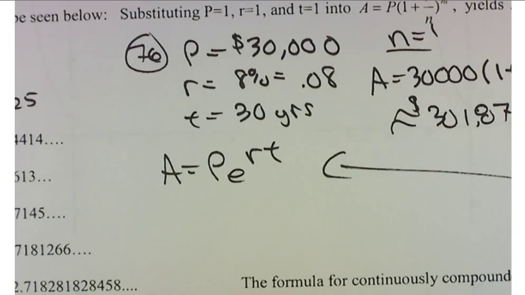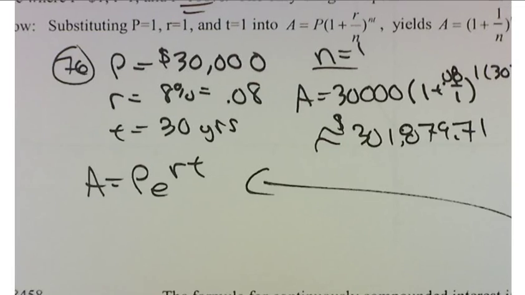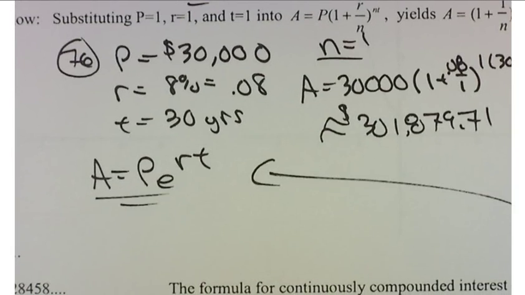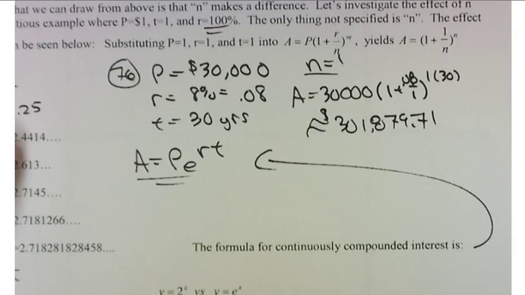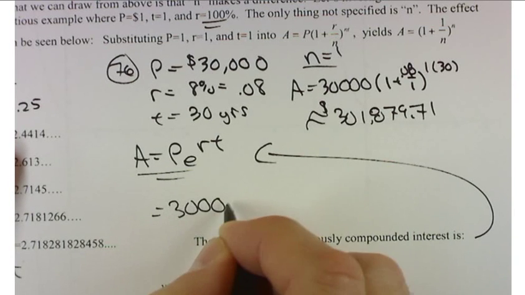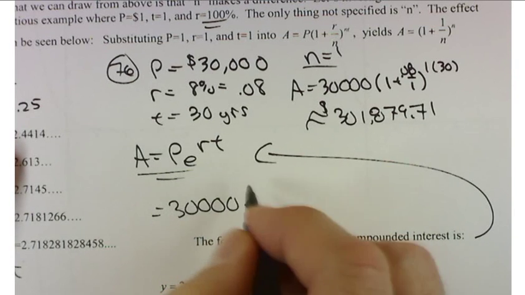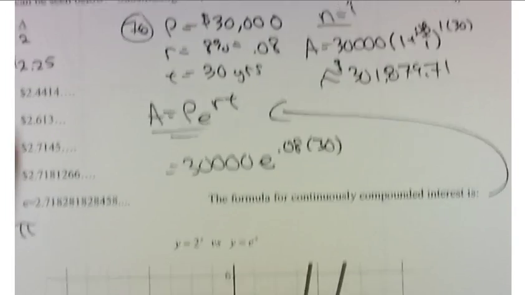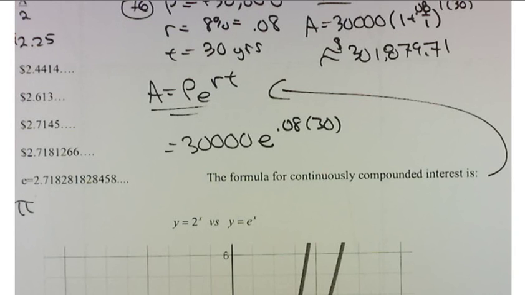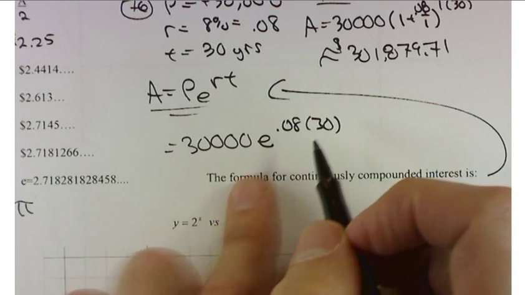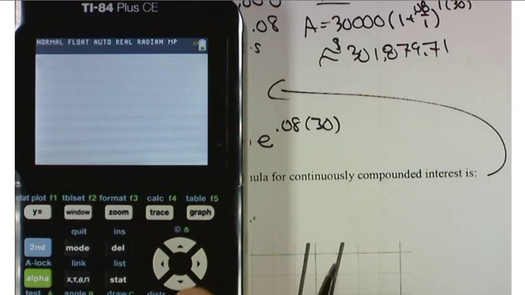But what if I try to calculate this again, except this time using continuously compounded interest? I think it's going to make a substantial difference. So here you get 30,000 e to the 0.08 times 30. Let's calculate this. We have to type in the 30,000 first.